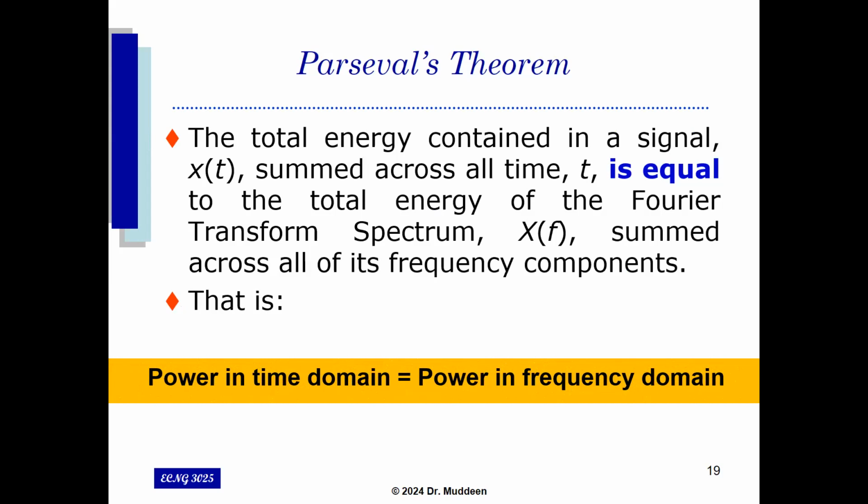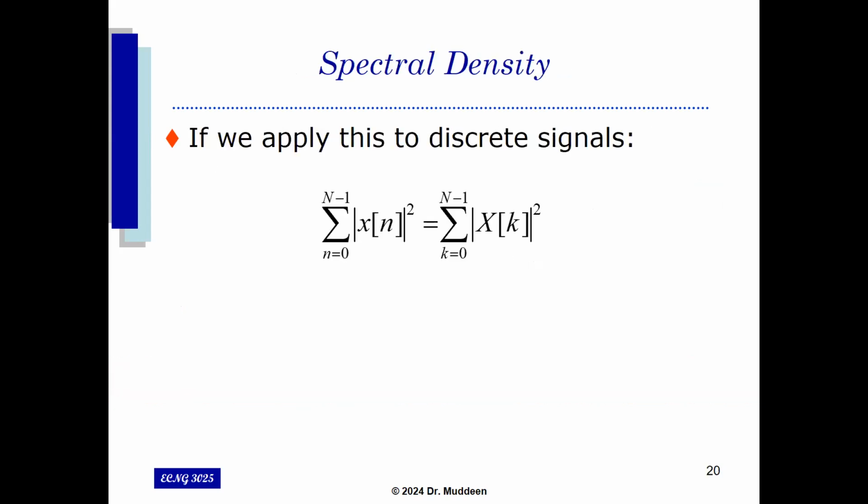But that intuition helps us greatly because, in the case of discrete signals especially, instead of having to compute the power in the time domain, I could do the FFT and get the magnitude square of the FFT answers, and I have now the power associated with the particular signal.